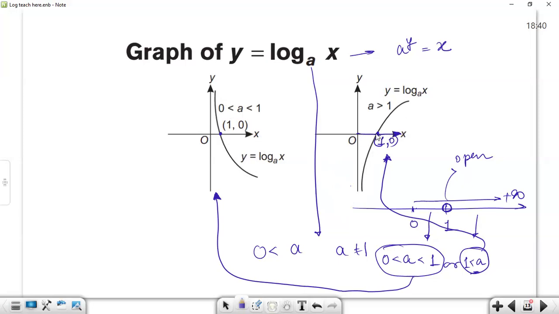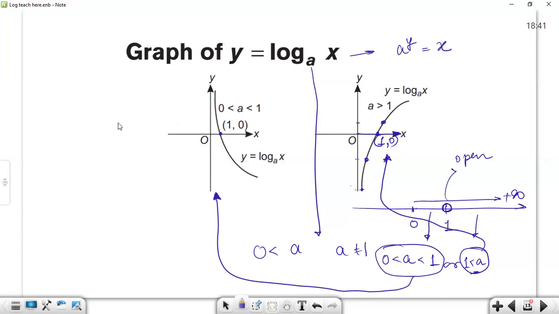If we go further in x, the value of y is increasing. That's the special thing about the logarithm graph. You need to remember it.